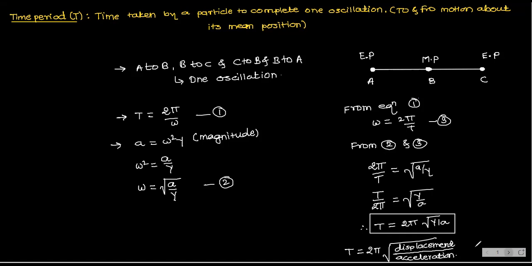So next one, now frequency. So see here, and I am denoting it with F. How you can define frequency? Yes, number of oscillations completed by a particle in 1 second, right?